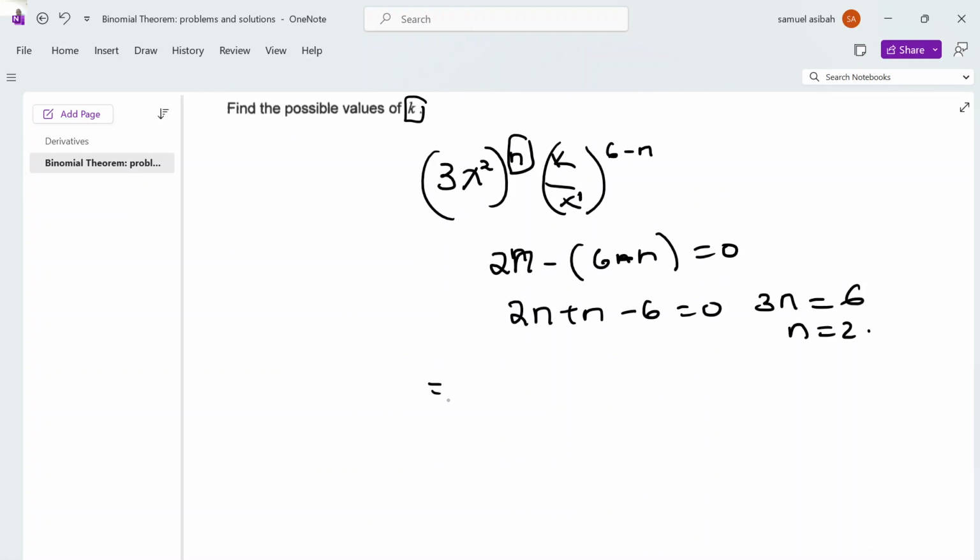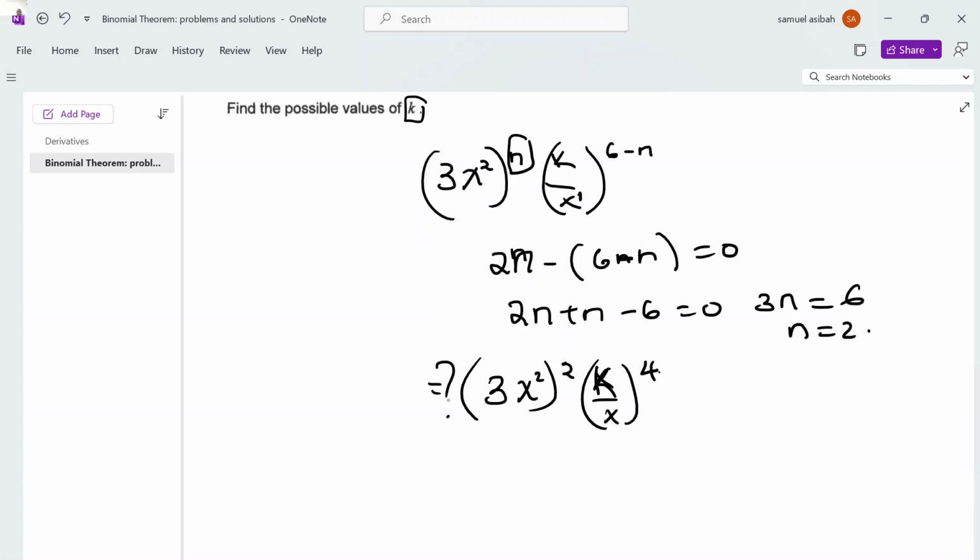Our function will be 3x squared, since n is 2, over x raised to 1, so 6 minus 2 is 4 here.